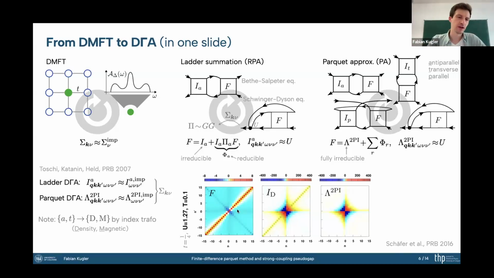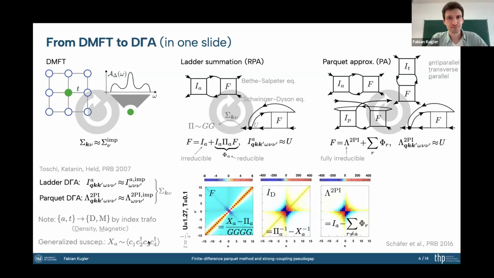How can that be? Well, just in a nutshell, the underlying observable is a 4-point correlator. And one gets the full vertex by taking this correlator, subtracting the disconnected part, amputating the legs, nothing can go wrong here. But one gets the irreducible vertices from a matrix inversion.